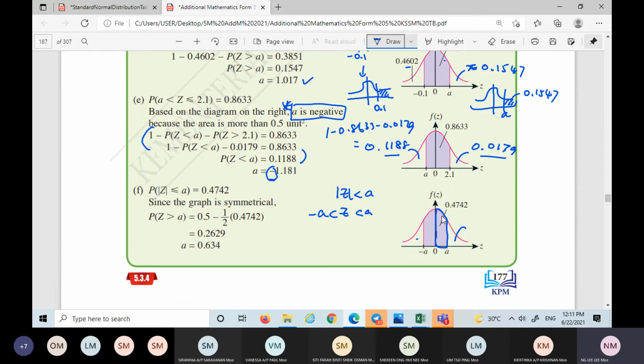Now you see the whole piece is 0.4742. Now this whole piece I'm going to cut into half because this is symmetry. So this one divide into 2. Wait, I go and find my calculator.